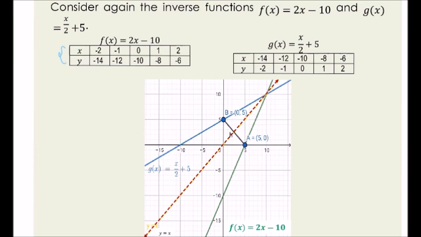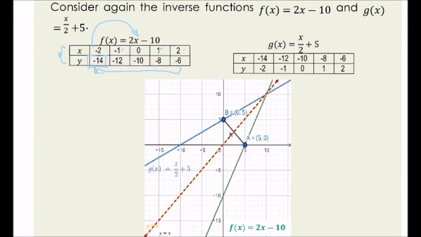And by doing that, we are able to obtain these y values, or these values of the range. So for example, we have 2 times negative 2, we will get negative 4 minus 10, that is negative 14. Now if we're going to substitute these ones, we also get these values.